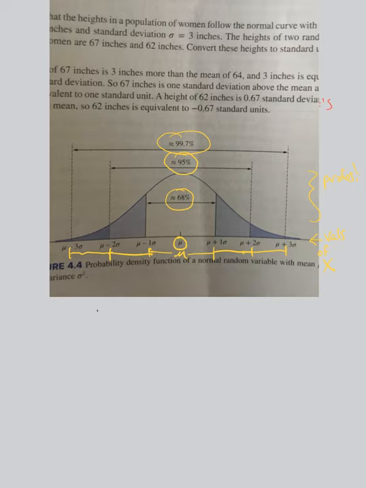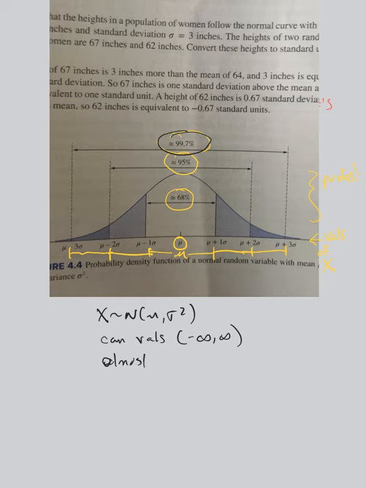Okay, so theoretically, whenever you have a normal random variable like that, it can actually take values between negative infinity and infinity. But you can see from that 99.7%, it almost always lands within 3 standard deviations of the mean.